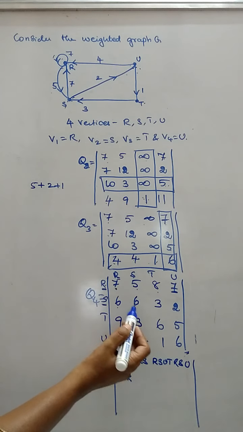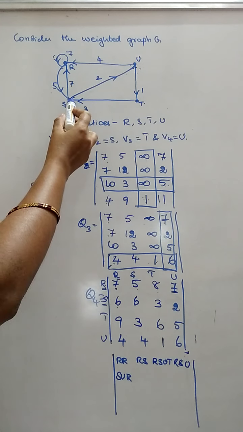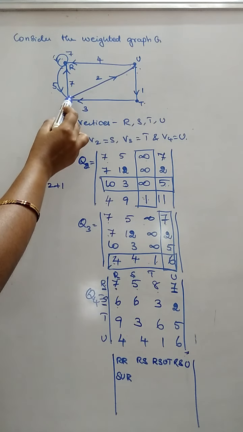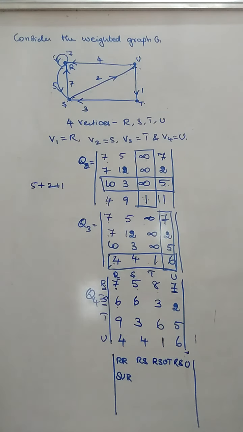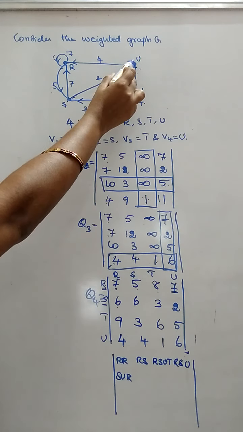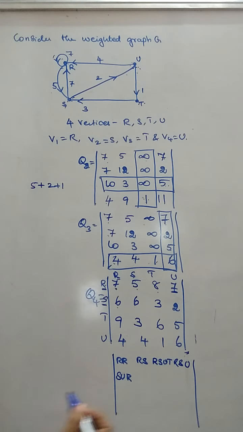And then for this one, S to S. For S to S, no loop here, but we can say from S to S, we can write like this one, S to U, U to T, T to S. So here we can write S to U and then U to T, T to S.